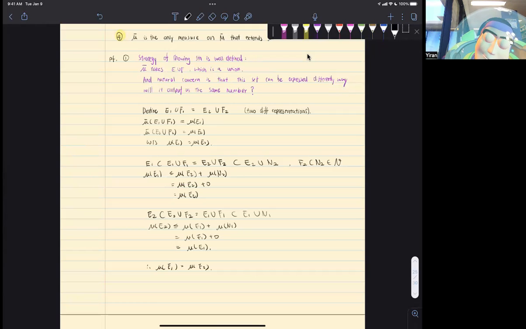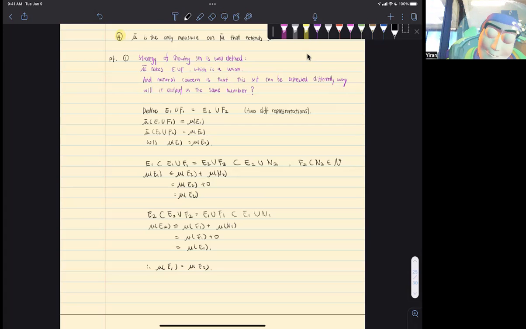Okay, so this is smaller or equal than mu tilde of E union F, and this is smaller or equal than mu tilde of E union N because F is a subset of N, and this is equal to mu of E union N by the definition, and also by the observation that E union N belongs to M. Okay, and this is equal to, sorry, I forgot adding a bar, I mean mu bar of E union N, because mu bar is an extension of mu, and this is equal to mu of E by definition of mu bar.